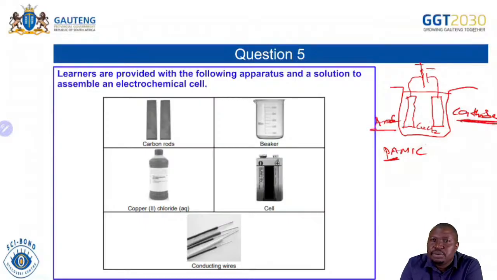And the other thing which is important that you must always remember is that here on the electrolysis of copper chloride, it is the chlorine that is going to lose the electrons.